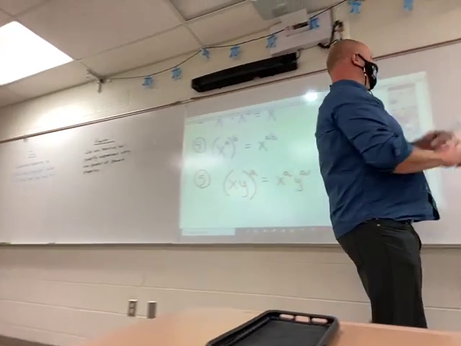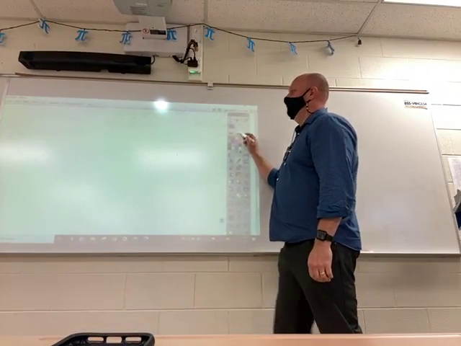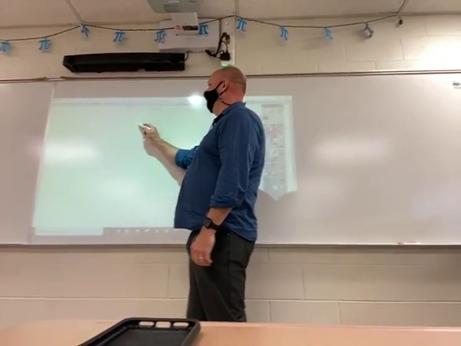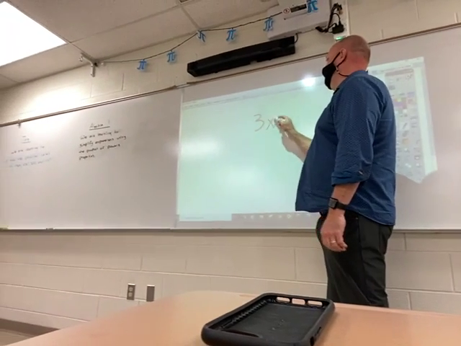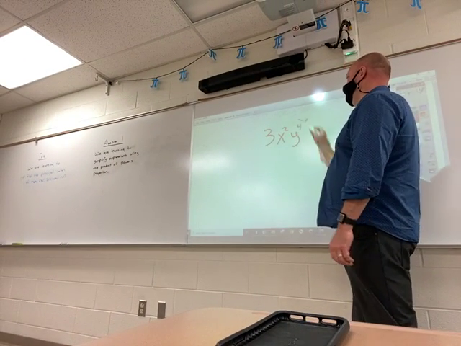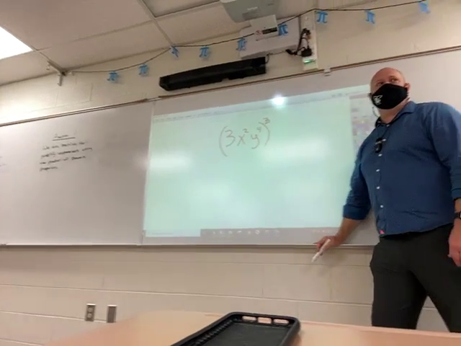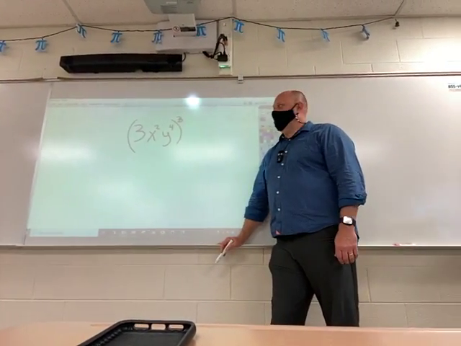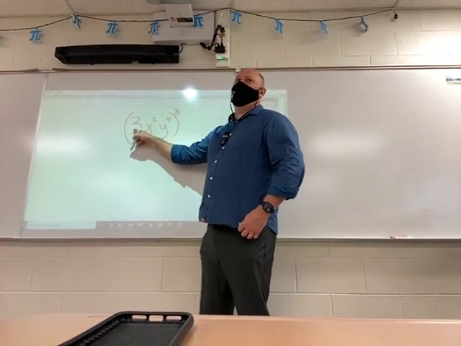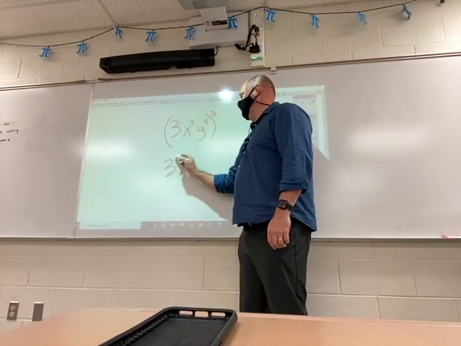So, here's a tricky one. What would you do if I gave you 3 x squared y to the 4th, all raised to the 3rd power? This 3 would get raised to the what power? 3rd power.